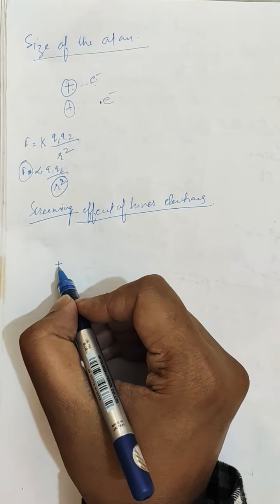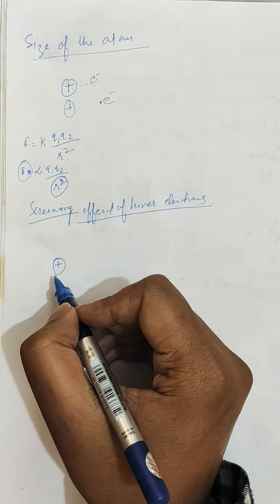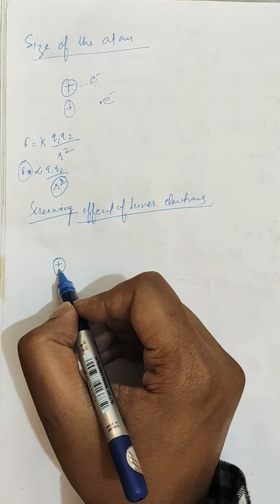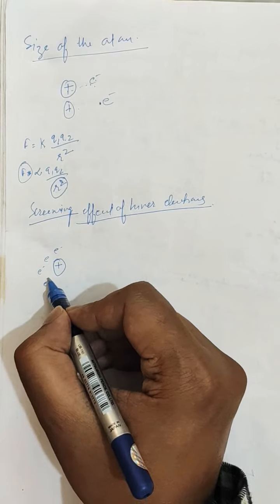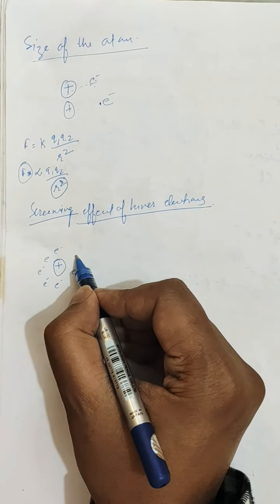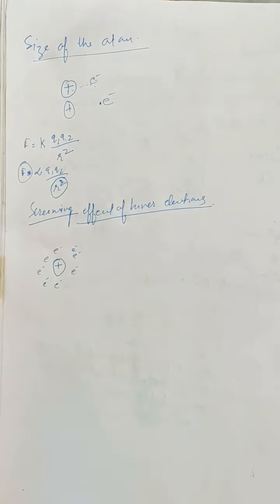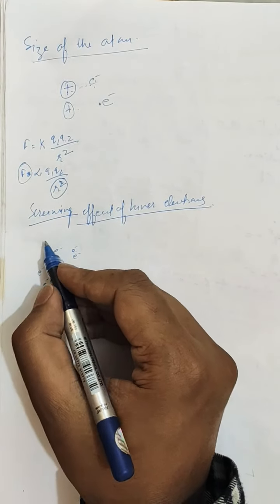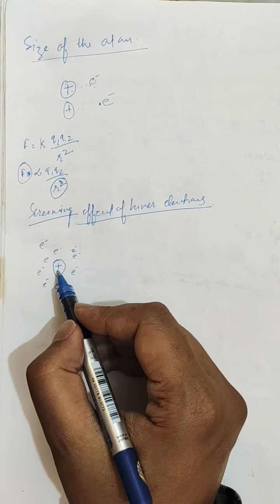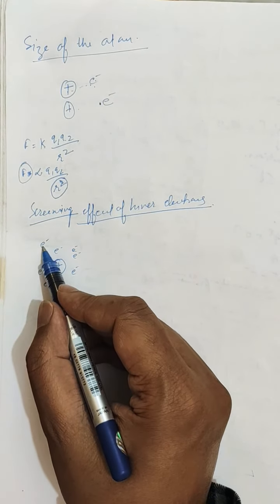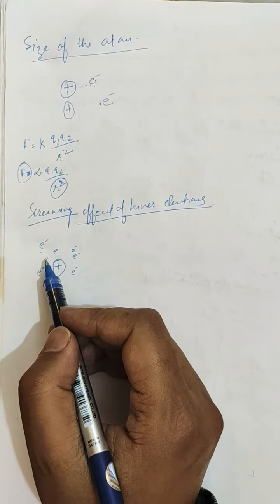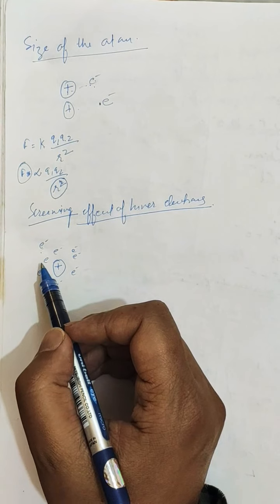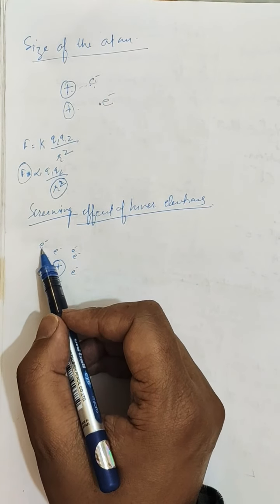Suppose a multi-electron atom is there, and this is the nucleus, and there are electrons revolving around the nucleus. Now suppose this is the outermost electron. Ionization energy is the amount of energy required to remove the outermost electron.